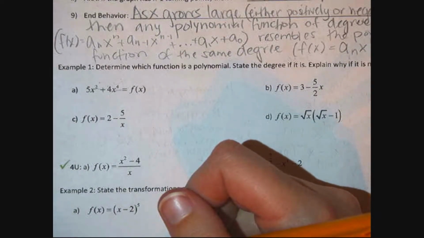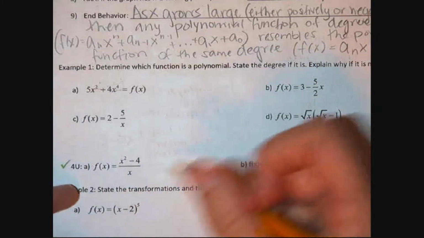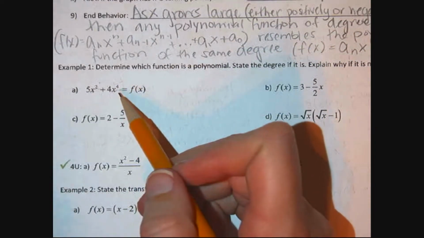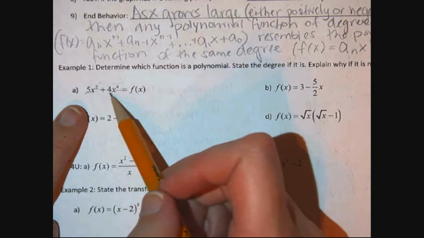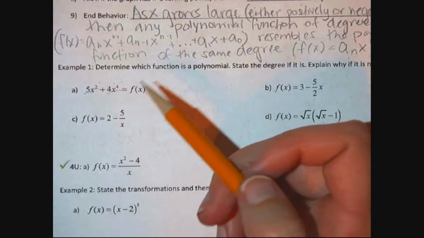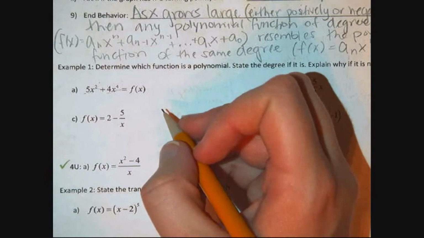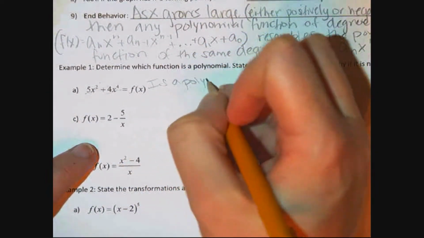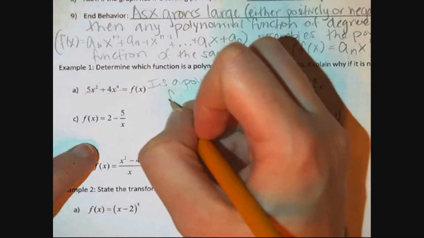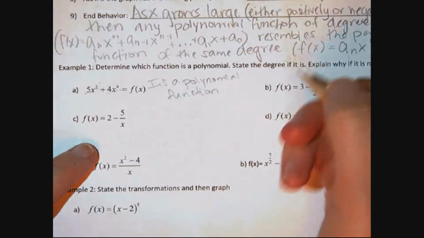Neither of those are fractions or decimals of any sort. They are integers. Our third criteria was that our coefficients be real numbers. Our coefficients are 5 and 4, which are both real numbers. So all 3 of our criteria are fit. We would say that this is a polynomial function.